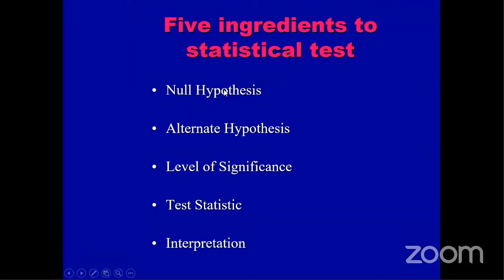By doing all the other steps, we will conclude, but we need to assume something first. And the alternative hypothesis is the opposite of this null hypothesis. Means when we fail to accept the null hypothesis, we are going to accept the alternative hypothesis.